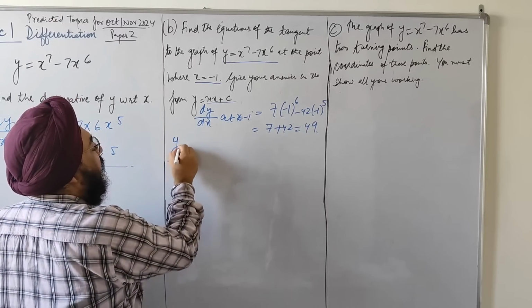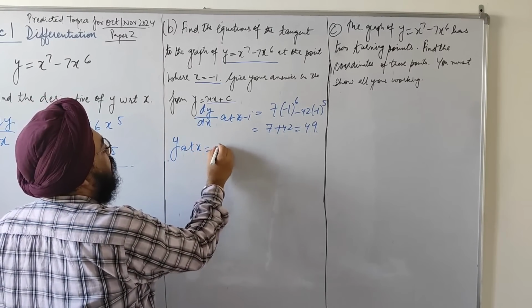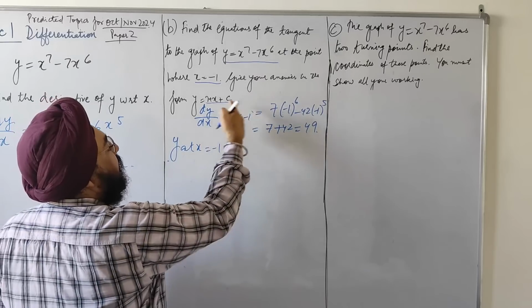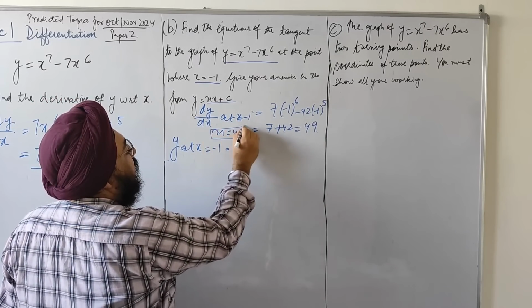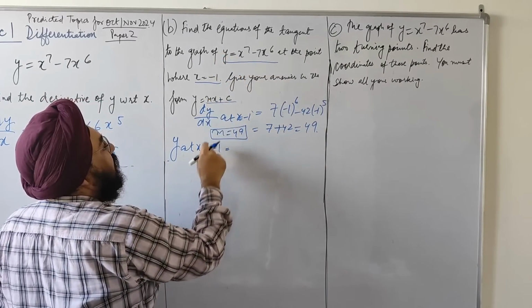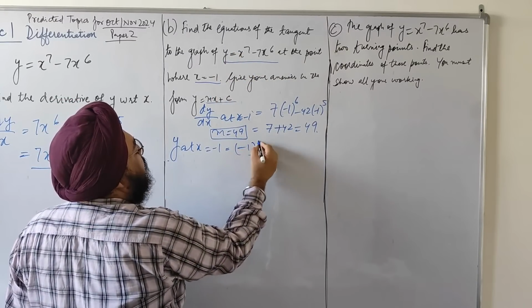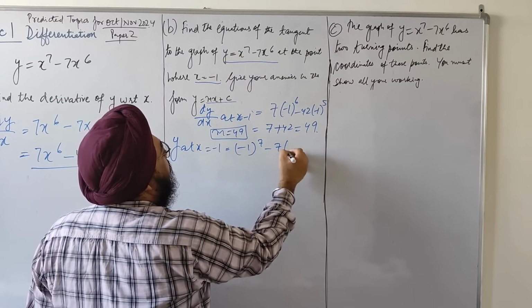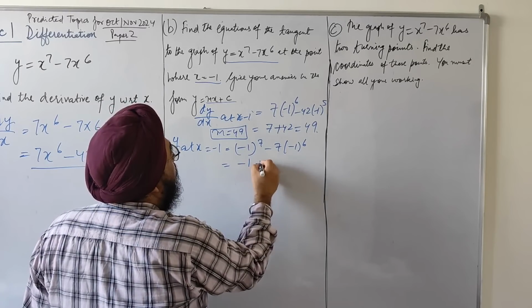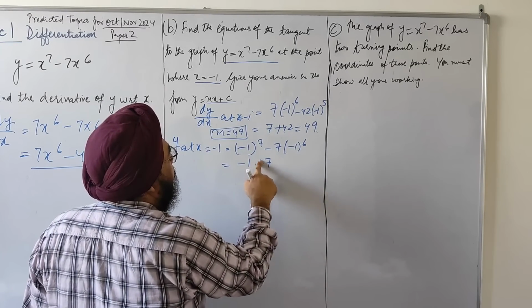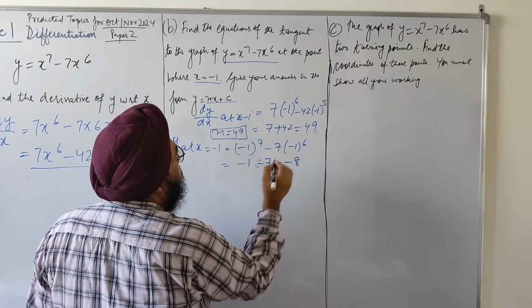This dy by dx is our slope, so we can write m is equal to 49. Now the value of y at x is equal to minus 1 will be (minus 1)^7 minus 7 into (minus 1)^6, which is equal to minus 1 minus 7, which is equal to minus 8.